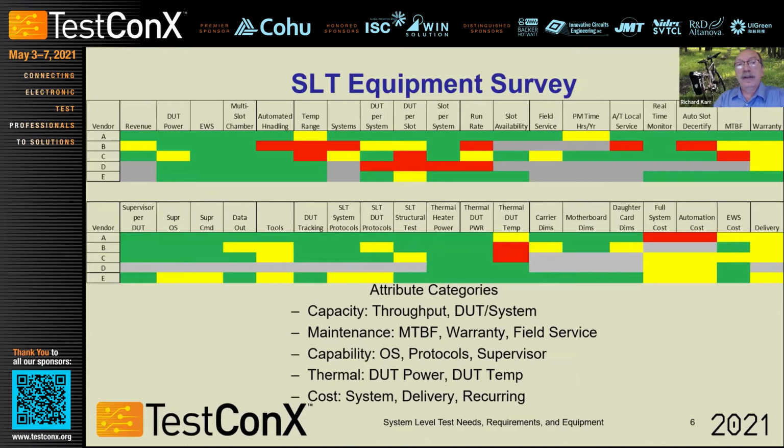We then went and surveyed many SLT vendors. And we broke that survey into those survey results into several categories such as capacity, maintenance, capability, thermal performance, and cost, right?